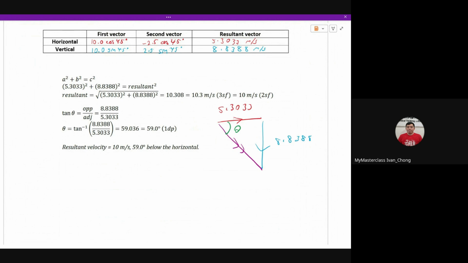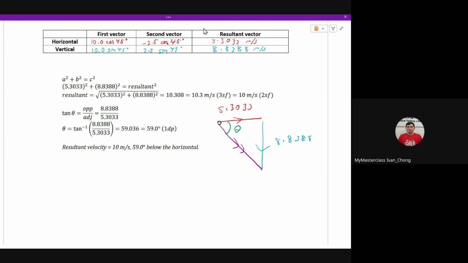So if you flip the numbers itself, you actually end up with the other side instead. So in the end, you end up with this side, which is wrong. Because remember, we are always gonna take from your resultant. If your resultant start from here, we're gonna take from this side of the angle.